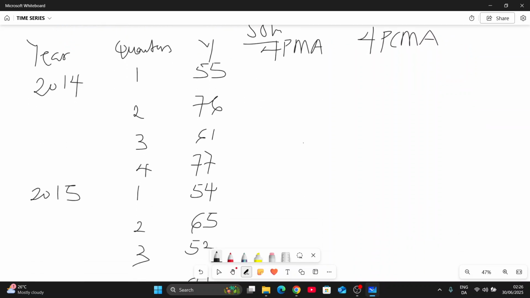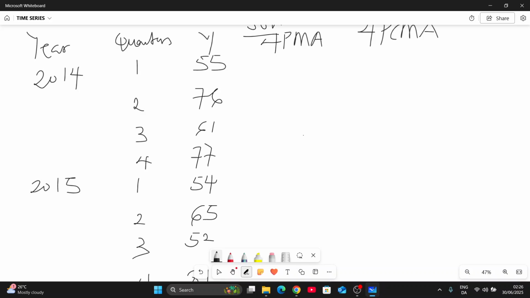So for the 4 period moving average, pick the first 4, 55 to 77. So 55 plus 76 plus 61 plus 77, and the average is 67.25. You write it in between 2 and 3.